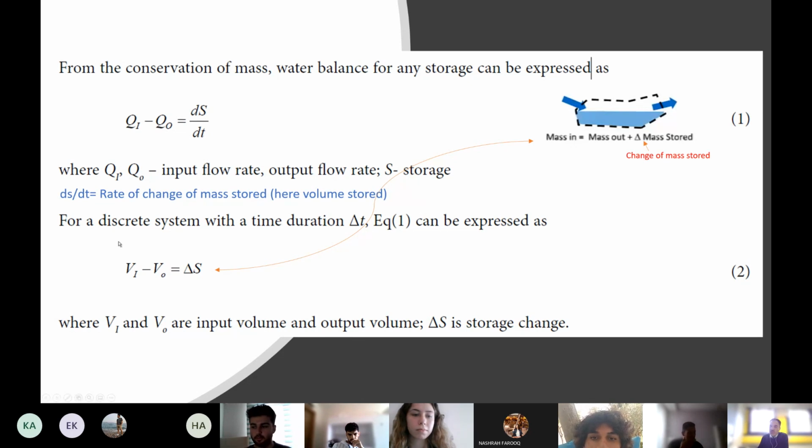So you show the rate of change of volume by Q. Here we always show discharge by Q. Therefore, the conservation of mass can be written in this form also: input discharge minus output discharge equals the rate of change of storage at the given time, or the time you consider.